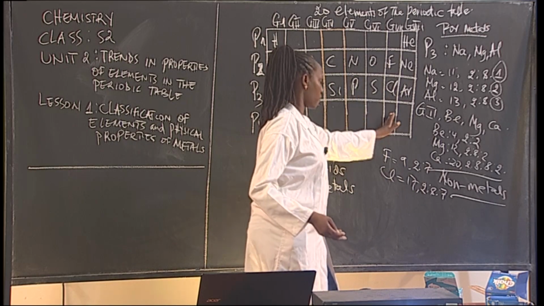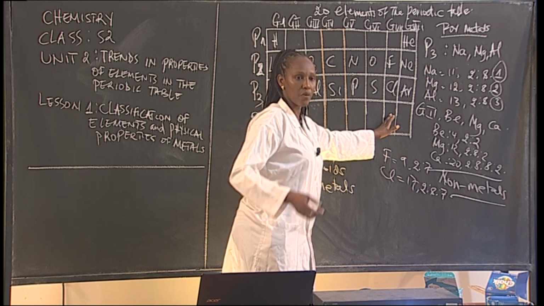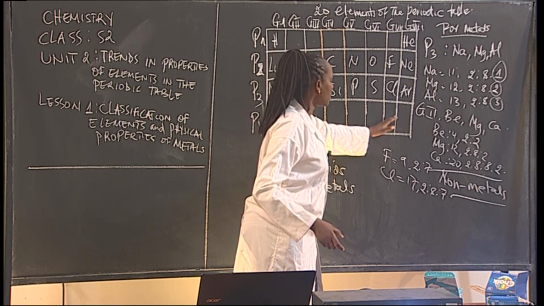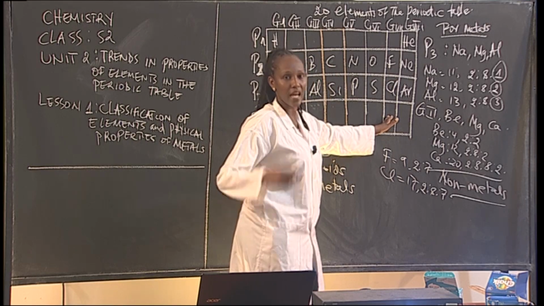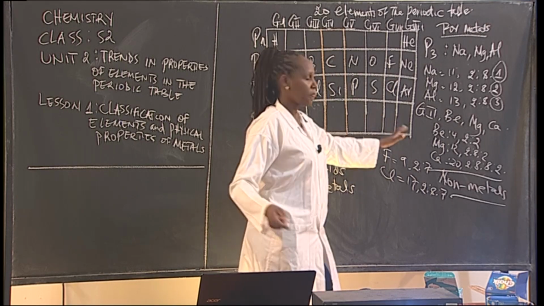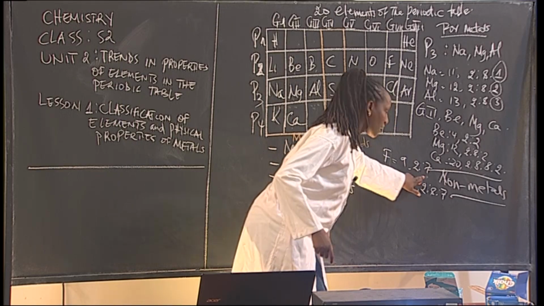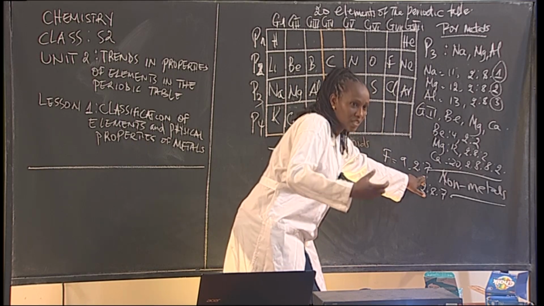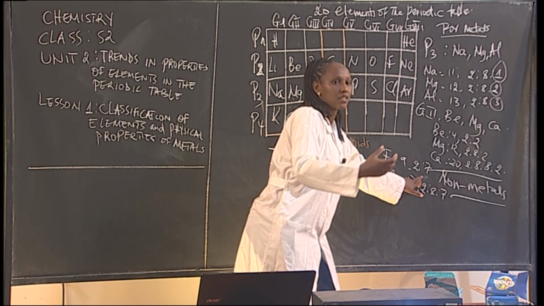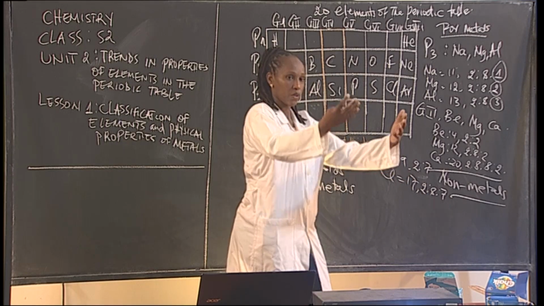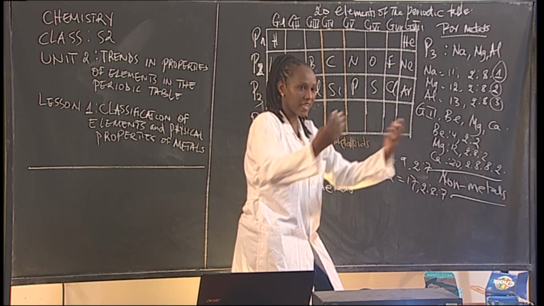That's down a group. Because we're saying down a group, the non-metallic character decreases. Why? Since fluorine has less number of shells, the attraction force is very high. So it is very easy for fluorine to attract, because nonmetals react by gaining electrons.